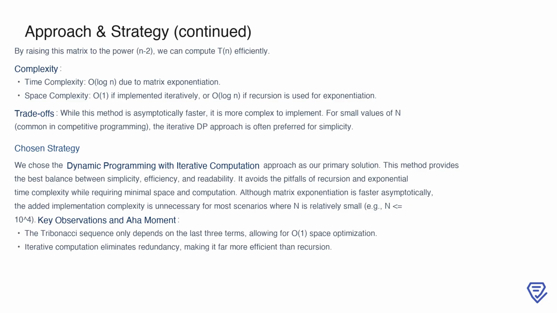On the other hand, the brute force recursive approach is far too slow and inefficient to be a viable option. By leveraging three variables to store only the most recent Tribonacci numbers, we minimize memory usage without complicating the implementation. This makes the solution easy to write, easy to understand, and highly efficient, ensuring it performs optimally within the problem's constraints.